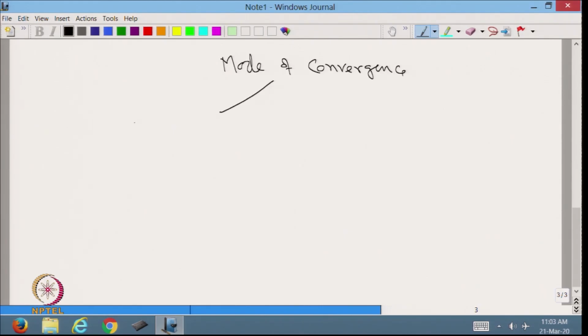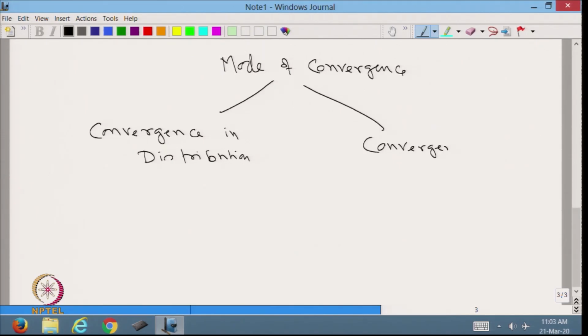Here we looked at convergence in distribution, and also convergence in probability and almost sure convergence.